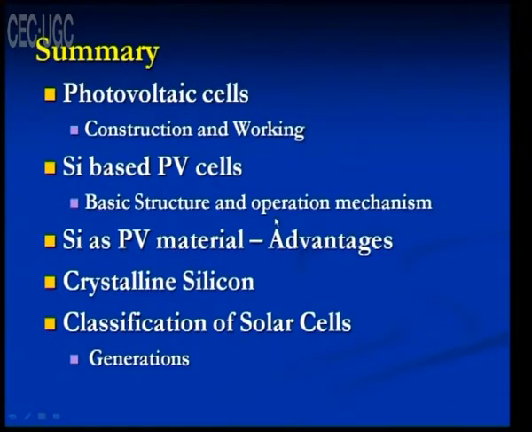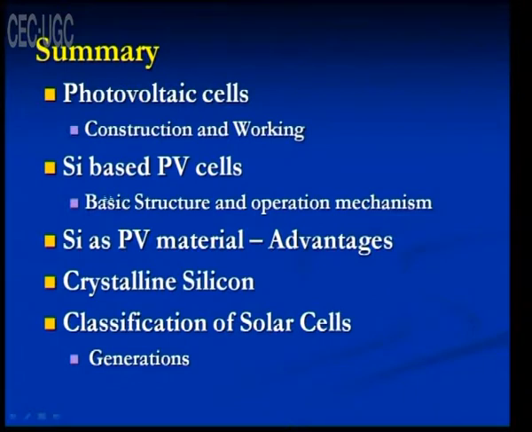Now, as a summary, in this particular part 4 of solar energy, we have gone into the details of construction and working of a photovoltaic cell. What are the different layers, the functions of the different layers in forming your photovoltaic cell have been seen in detail.